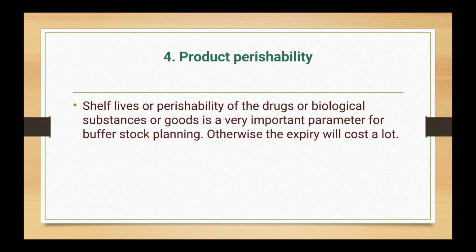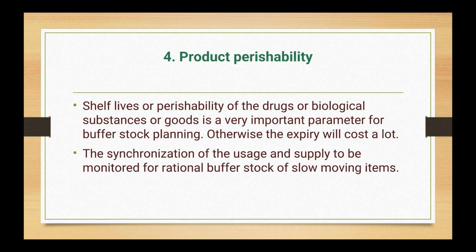If there is any nearest expiry medicine, then it should be finished before the next expiry medicines. So the higher expiry date medicines should be kept in the buffer stock. Otherwise, it will expire, and the motto of buffer stock also will not be fulfilled.